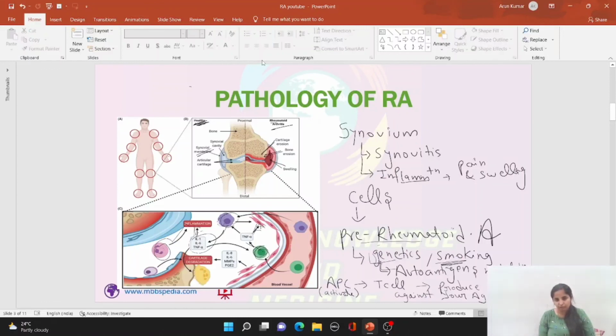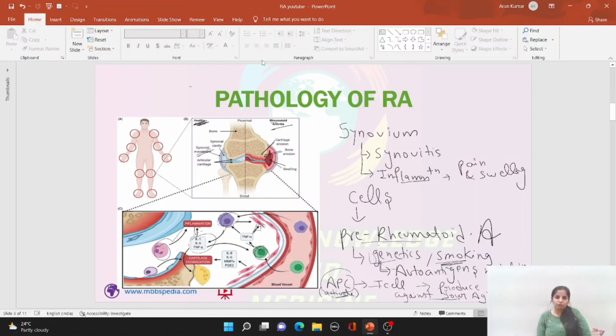Furthermore, due to this, there will be antigen presenting cell which will be activated, and this APC will further activate the T cell. Now, due to the activation of T cell, they will produce antibodies, and these antibodies will act against your own antigens.